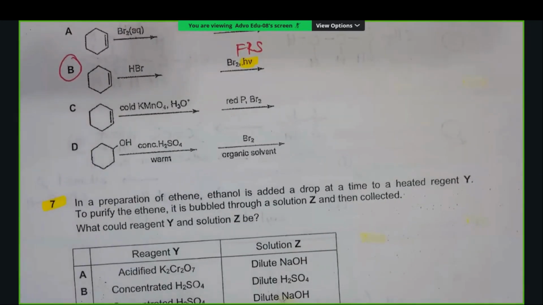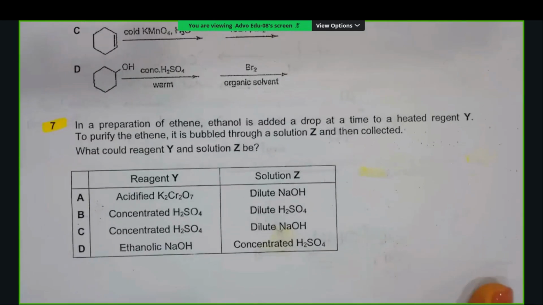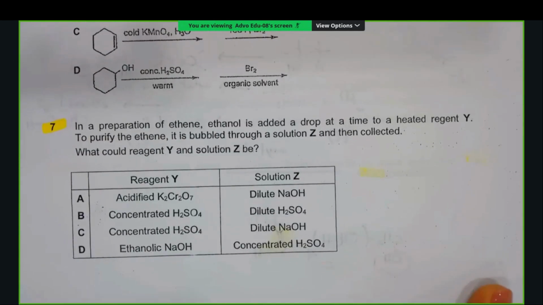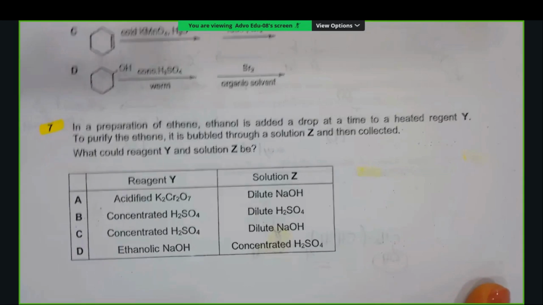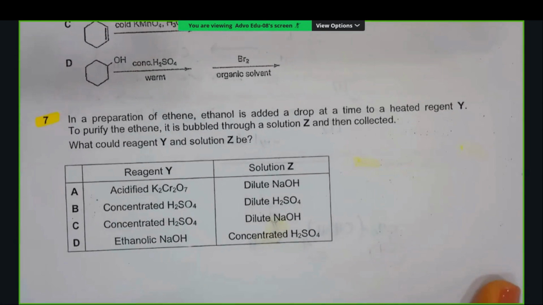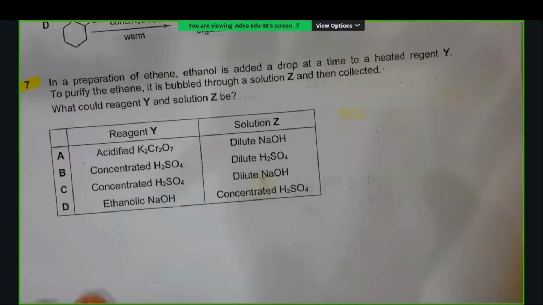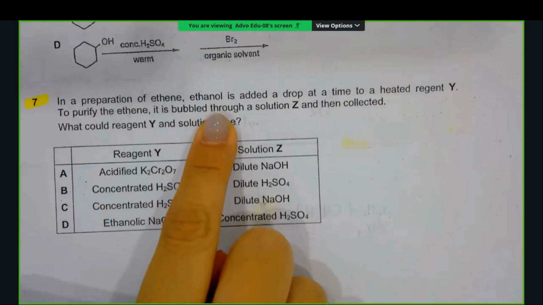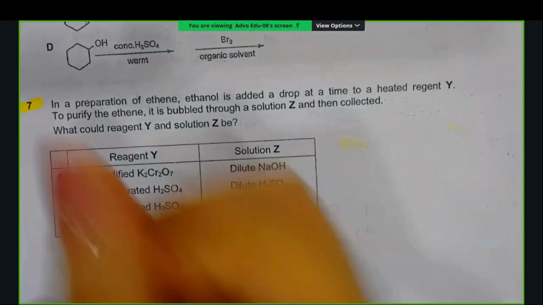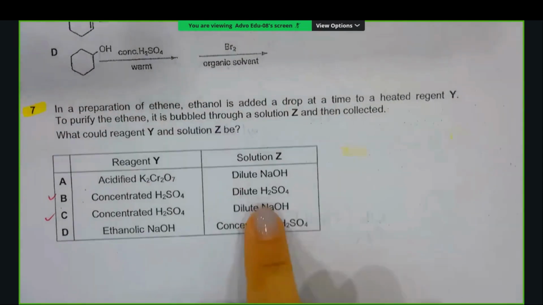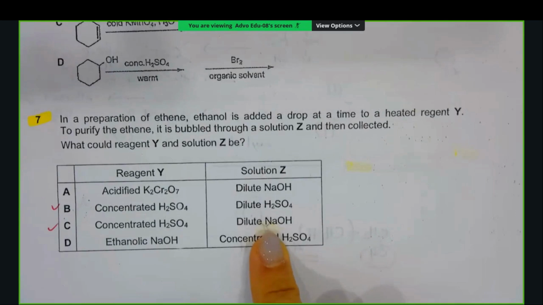Okay, so then you say first. The preparation of ethene from ethanol is this. So I want to produce a double bond from alcohol, right? Isn't this elimination, right? So it's either B or C, right? Then why is there a need for us to add solution Z to purify?